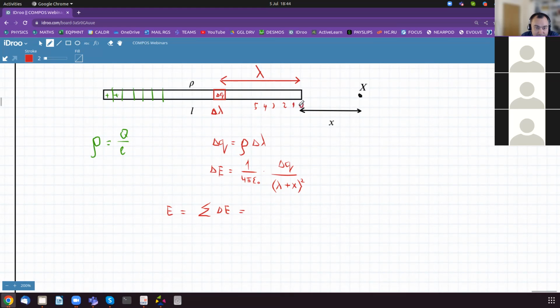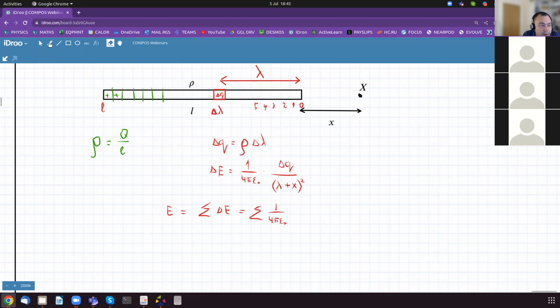This is 0 and this is L, so lambda changes from 0 to L. It's going to be the sum of 1 over 4 pi epsilon naught times delta Q.